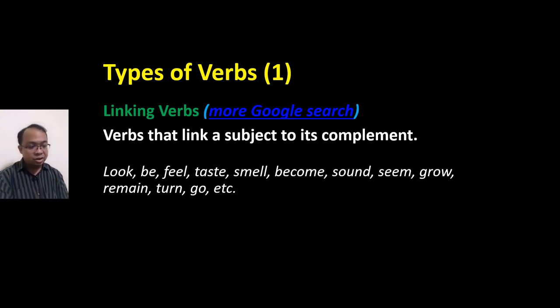Okay, I think I should translate some of these verbs into Khmer language for you, so that you have an idea how to translate all the linking verbs in English language.